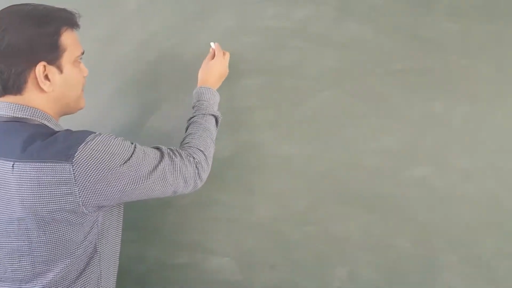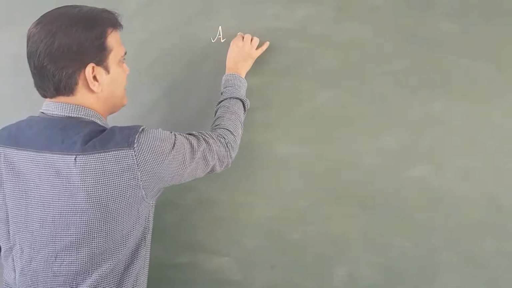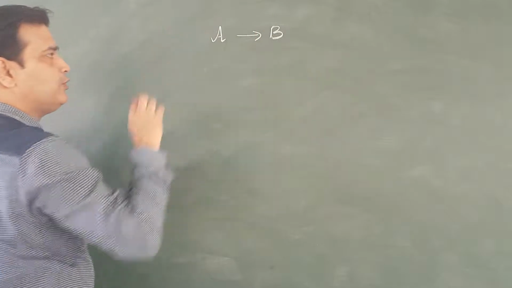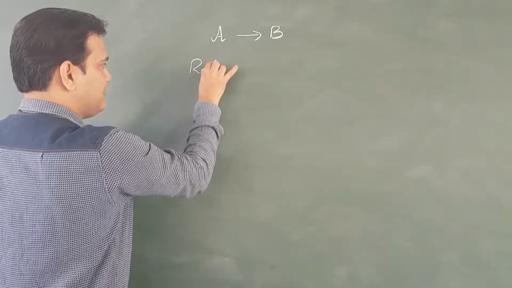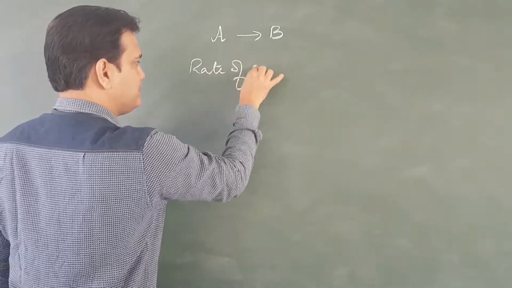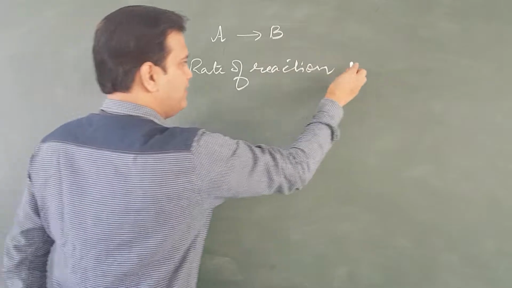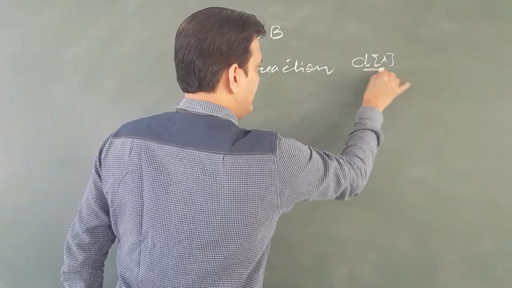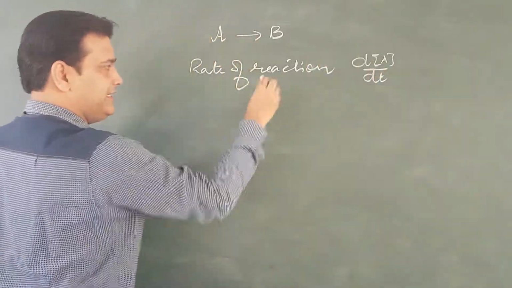First of all, suppose reactant A is being converted into B, then rate of reaction will be dA by dt.